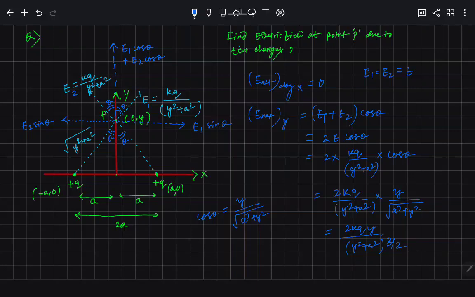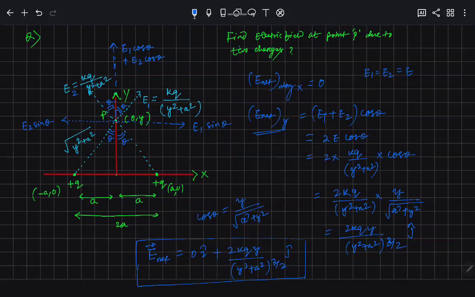This will be your net electric field at point P, obviously along the j cap direction. E along x will be 0, so in vector form E net will be 0 i cap plus 2kqy divided by (y square plus a square) to the power 3/2 j cap. This will be the net electric field.